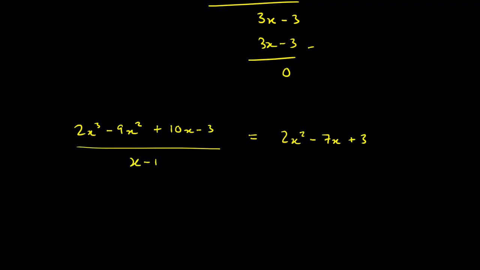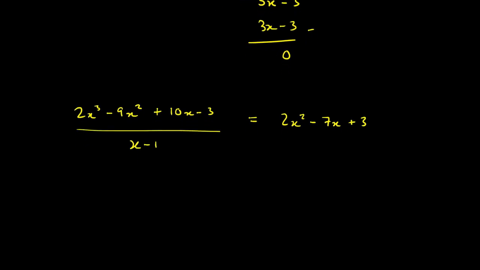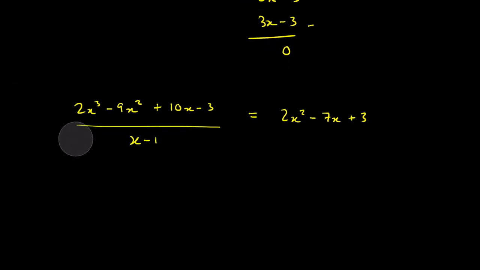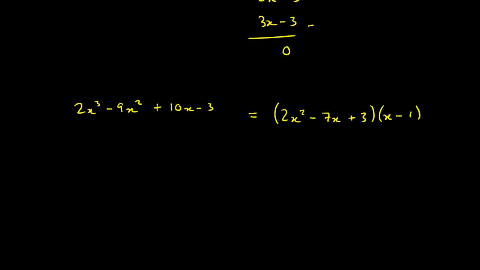Well, okay, if I multiply both sides by x minus 1, then on the left-hand side, I'm just left with the cubic. On the right-hand side, I've got that times x minus 1. So in other words, what I've done is I've taken the cubic and I've now rewritten it in factorized form with the factor x minus 1 and this quadratic factor here, 2x squared minus 7x plus 3.